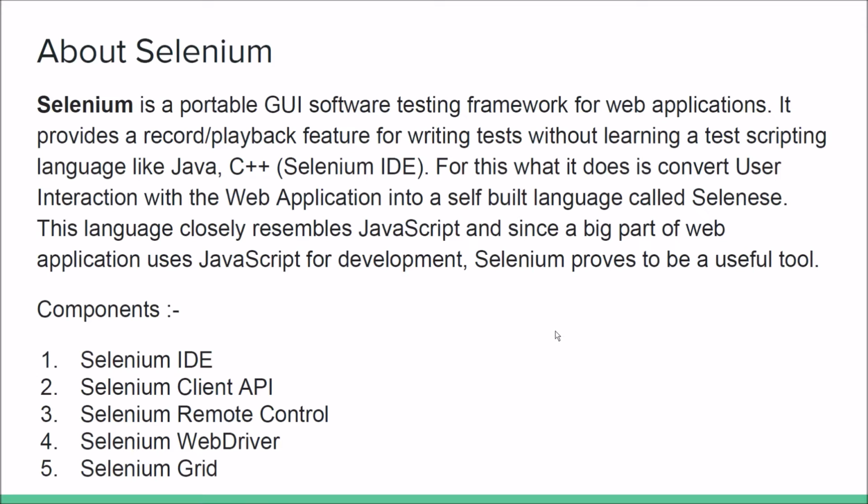This language closely resembles JavaScript, and since a big part of web applications use JavaScript for development, Selenium proves to be a very useful tool. Some components of the tool: IDE, client API, remote control, WebDriver, and grid.